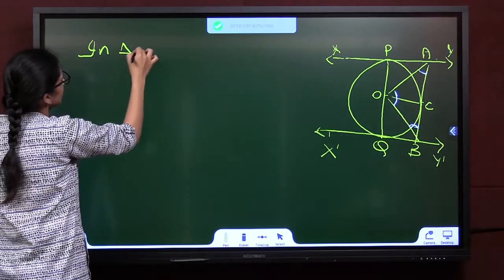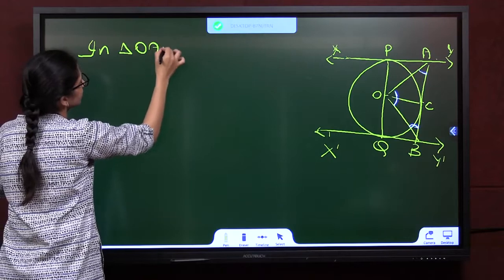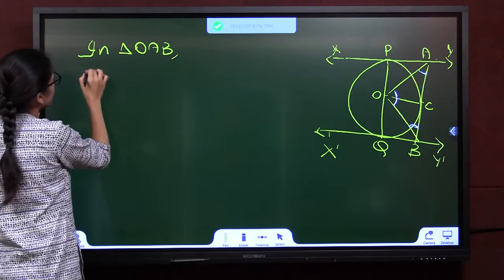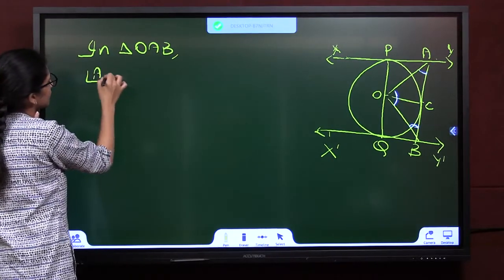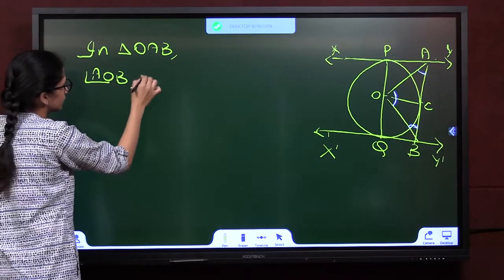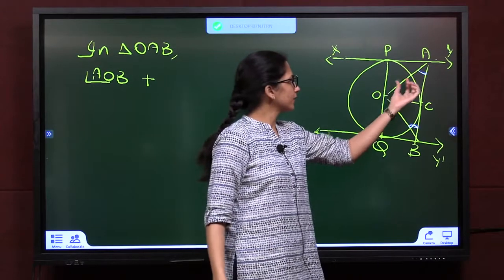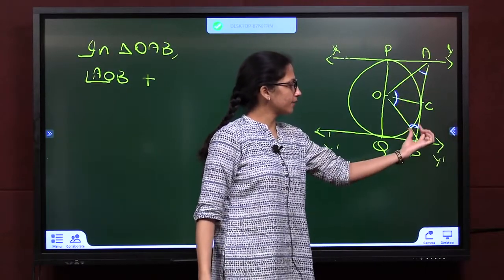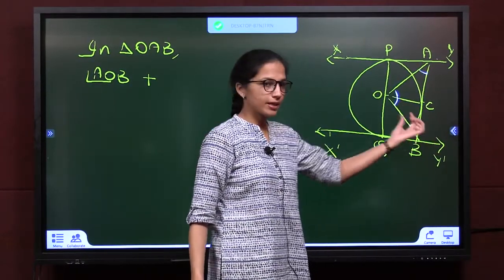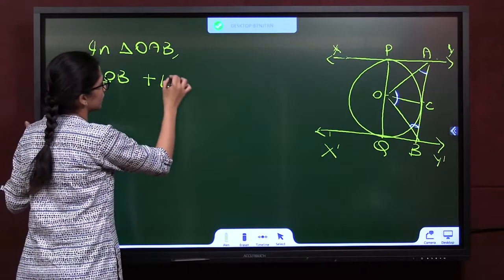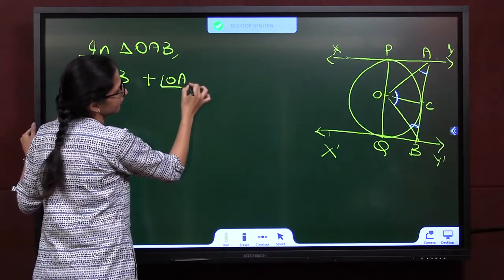In triangle OAB, angle AOB plus angle OAB plus angle CBO is 180. Why? Angle sum property.